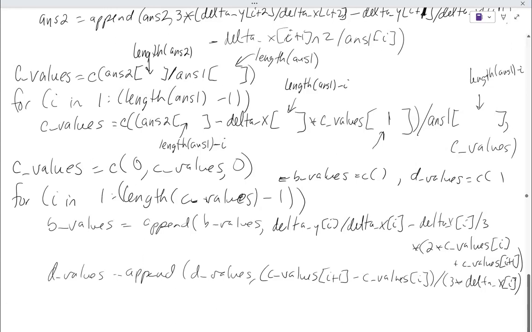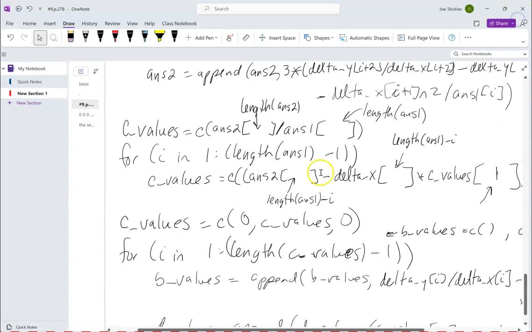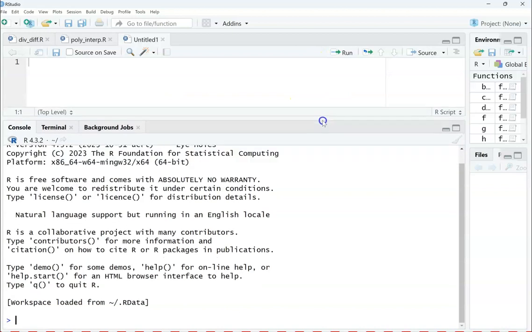Well, tell you what. Do I want to take all the time to type this up right now? I don't think I do.